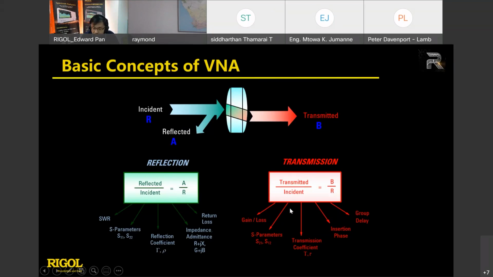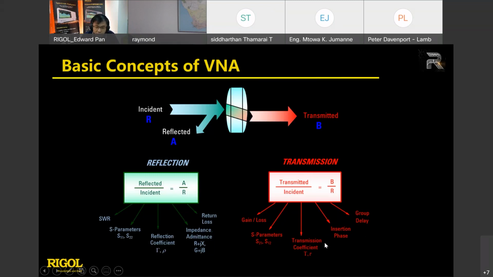The transmission coefficient corresponds to the S21 or S12 parameters, and that represents the gain or loss information accordingly. And of course, you can get the phase or group delay information as well.